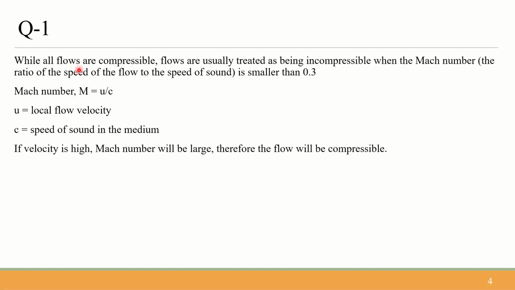While all flows are compressible, fluid flows are treated as incompressible when the Mach number is smaller than 0.3. Mach number is the ratio of U by C, where U is the local flow velocity and C is the speed of sound in that medium. If velocity is high, Mach number would be high.